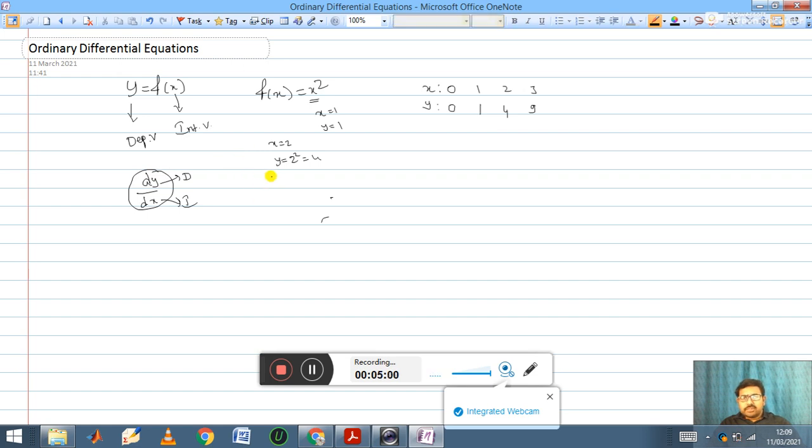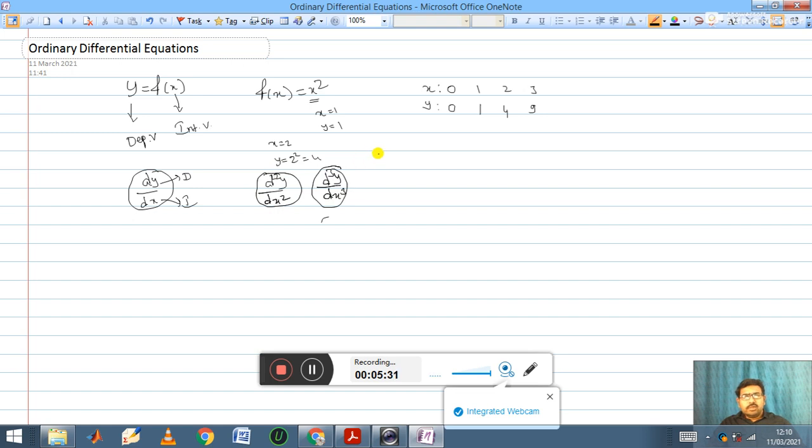It creates the relation between the dependent variable and the independent variable. In the same way we can write the second derivative, d square y by dx square, known as the second order derivative. Similarly we can write d cube y by dx cube, the third order derivative, and so on.